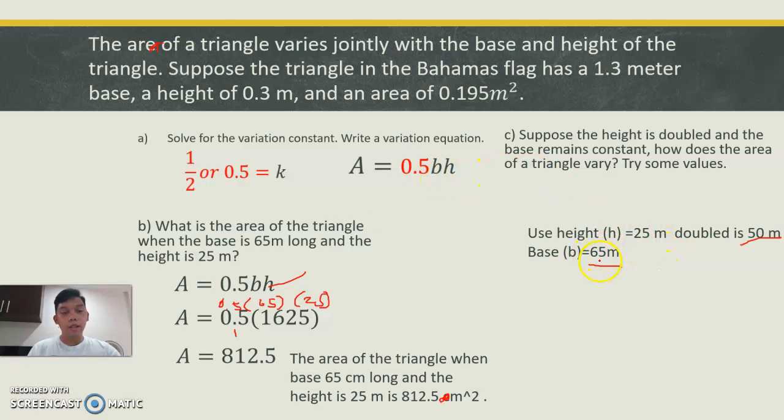The base this time is still 65, but the height, unlike here where we use 25, here we'll be using 50. So let's compare their area. 65 times 50, how much is that?